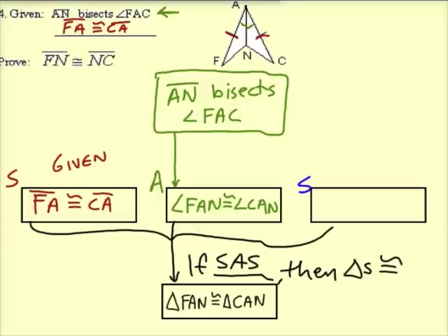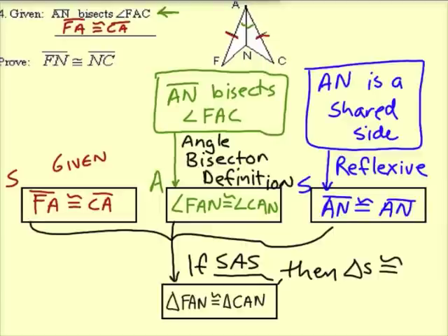However, this one is slightly different. In previous proofs, we had the segment bisector definition. Well, we're bisecting an angle this time. So it's according to the angle bisector definition. And then that shared side is starting to look familiar to us, hopefully.